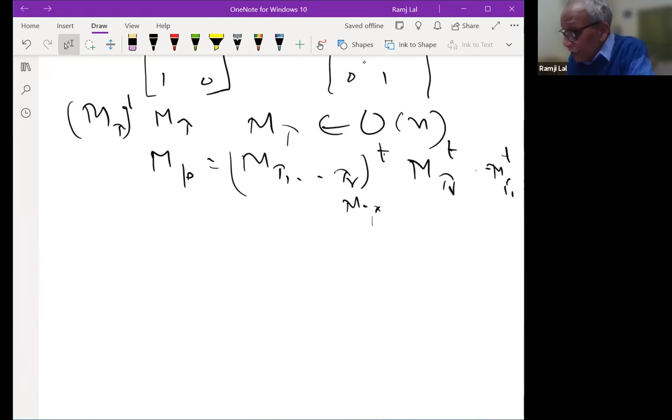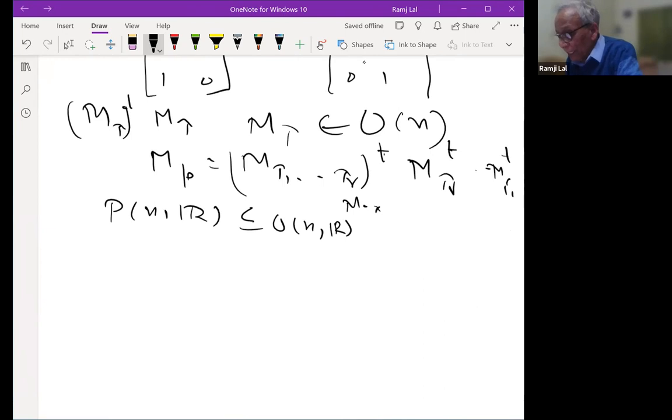Okay. So the permutation matrices P_n(R) are a subgroup of O_n(R). It was a subgroup of GL_n(R), and it has something to do with the structure of GL_n(R). So this is also a subgroup, the permutation matrices, that is already there. And what are the diagonal matrices which are orthogonal matrices?